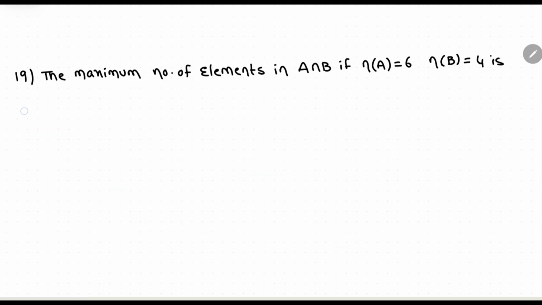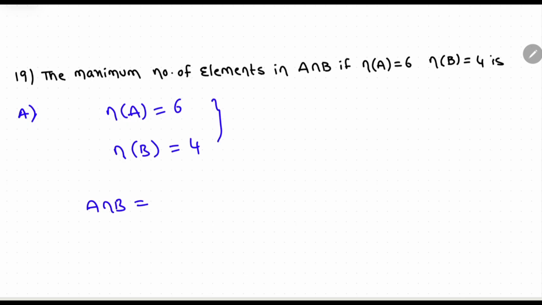Now here we have the number of elements of A and number of elements of B, that is 4. So the maximum number of elements in A intersection B. To get the maximum elements here, out of these two, which has the least number of elements?